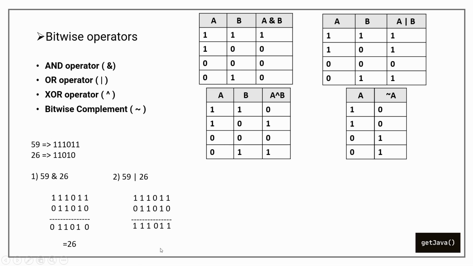So we got the output. Now this will correspond to 59. If we look at the binary representation of 59, this is the same as 59. So this will be 59.